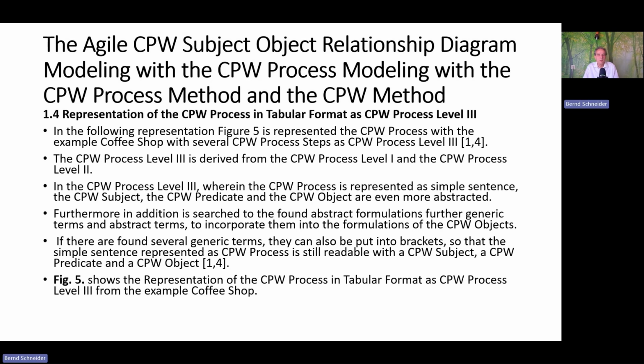The CPW process level 3 is derived from the CPW process level 1 and the CPW process level 2. In the CPW process level 3, wherein the CPW process is represented as simple sentence, the CPW subject, the CPW predicate, and the CPW object are even more abstracted.